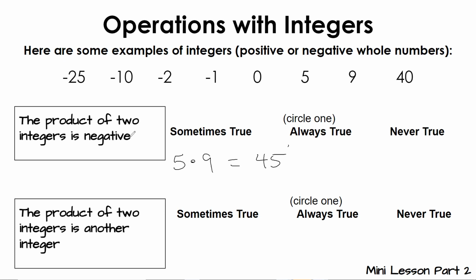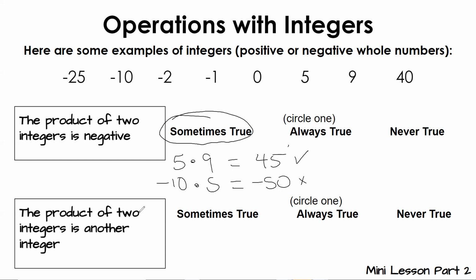What if we took -10 and multiplied it times 5? What does that give me? -50. So we've got one that's positive and one that's negative, right? So this is sometimes true.